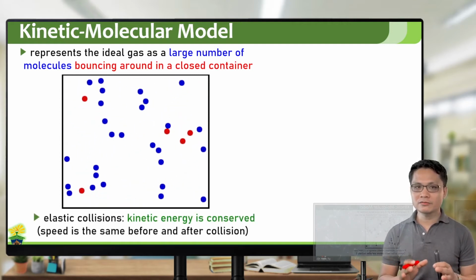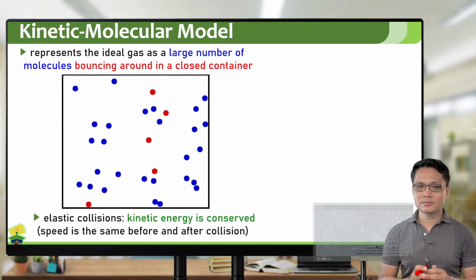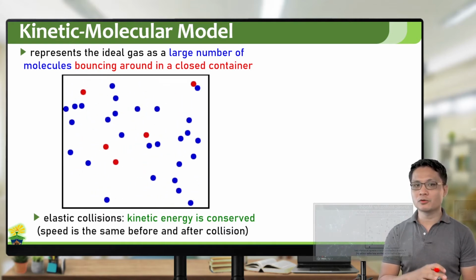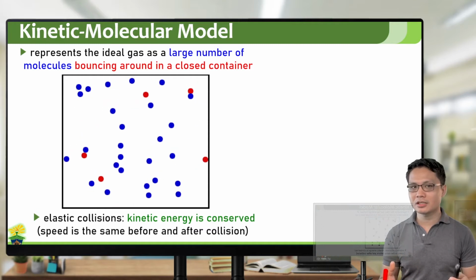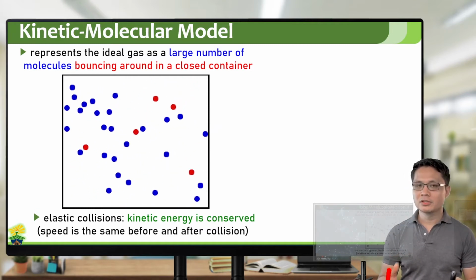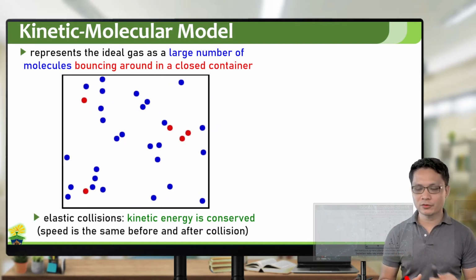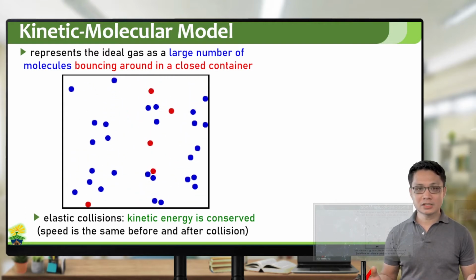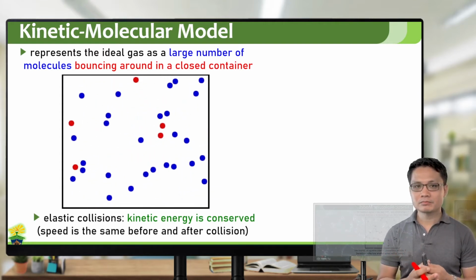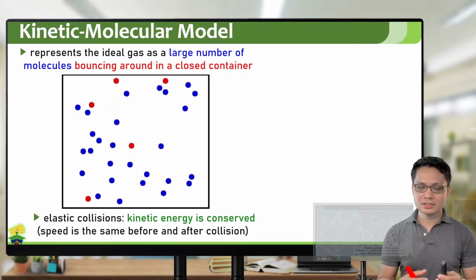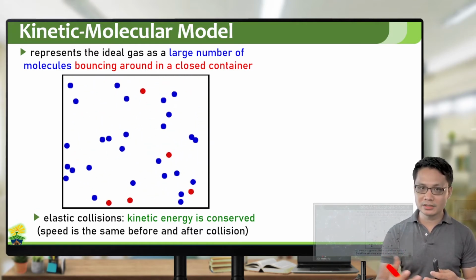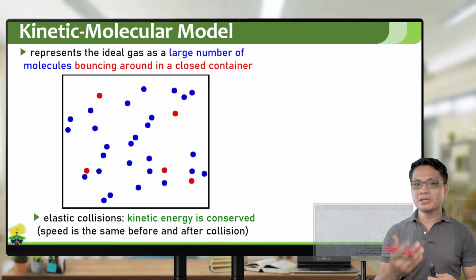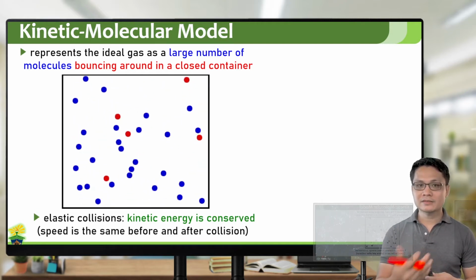Because of this principle of completely elastic collision, again, the total kinetic energy of the particles involved would be the same before and after the collision. That means the speed of the particles prior to colliding with another particle or with the wall will be just the same after the collision.